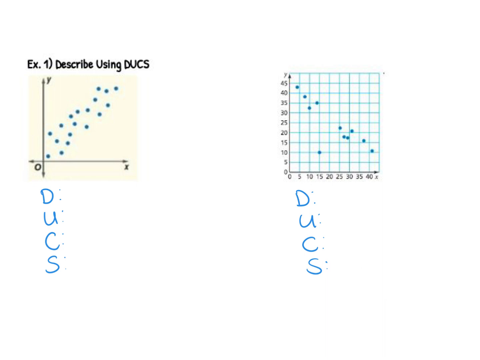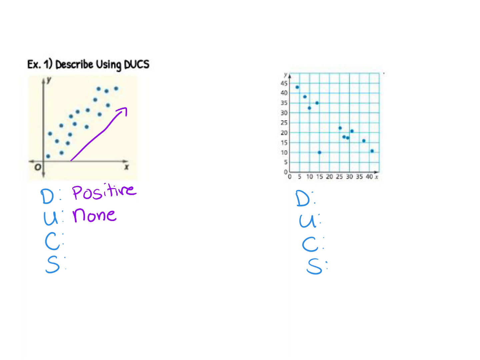Let's describe these scatter plots using DUCS. Let's do this first one together, then I'll have you try the other ones. So our first example, the direction that it's going, it's moving uphill, so it's going in a positive direction. Unusual outliers: this one doesn't have any outliers, it doesn't have any gaps, so we're going to say none.